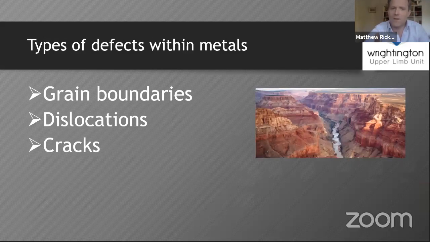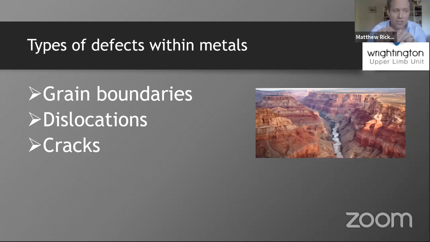You can get defects within these metals as well. The 3 main defects are grain boundaries, dislocations, and cracks. And you do need to know a little bit about these, because these can lead to imperfections and failure of the metal at points below where they should fail. So your grain boundaries are connections between the crystals. The crystalline structure is not continuous across the whole of the metal itself, and therefore the connections between these crystals are a defect site of weakness in the material itself.